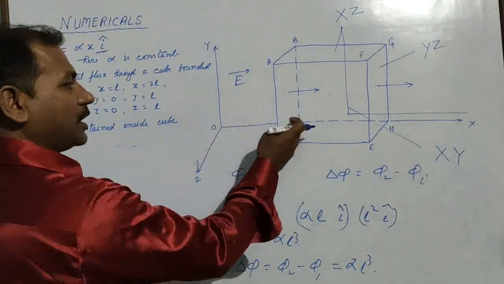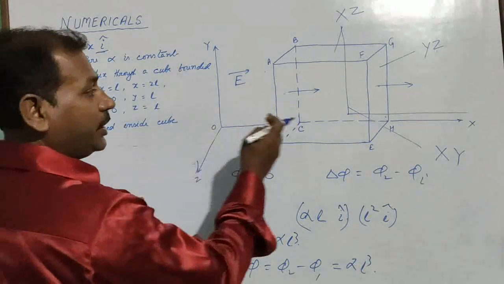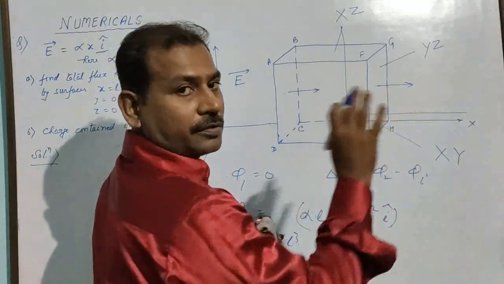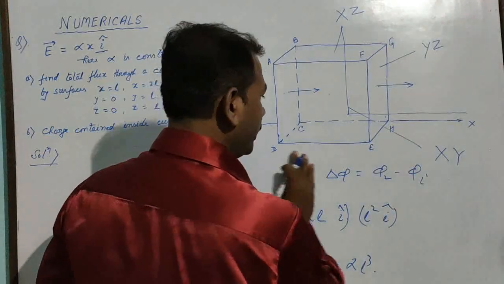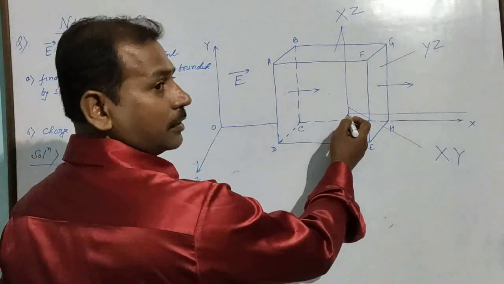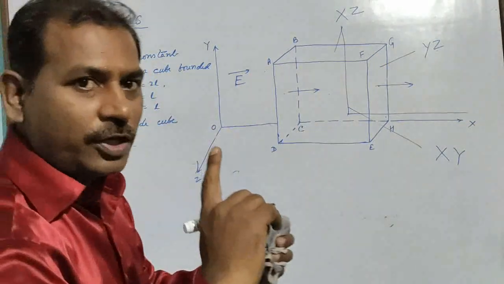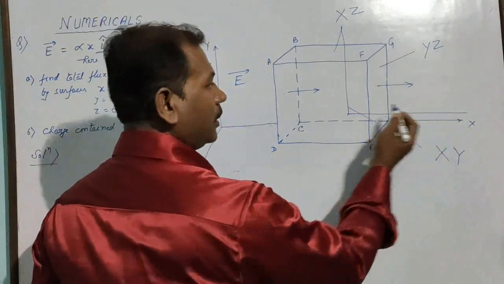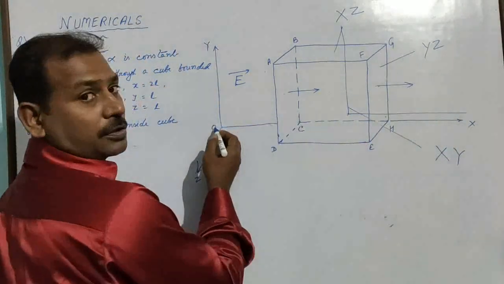First time it is outside the cube, second time it is on the face, and third time it is inside. Then what will you do? Nothing to worry about. If it is inside, now it will move along two directions. One it is forwarding, another along this direction.